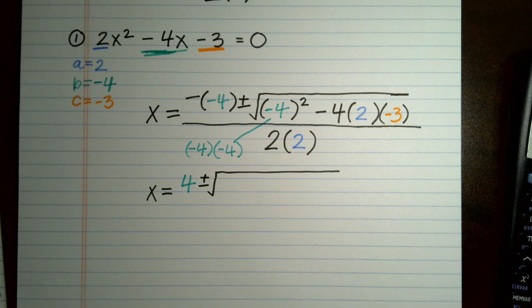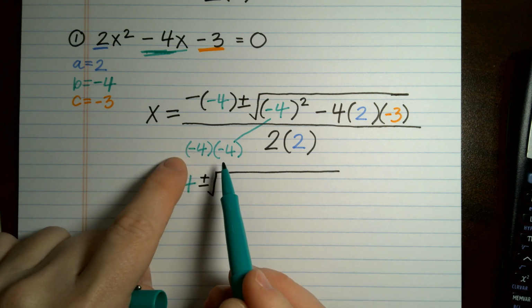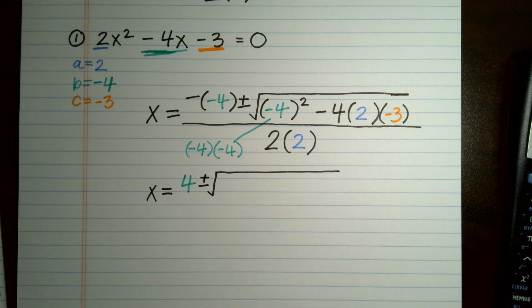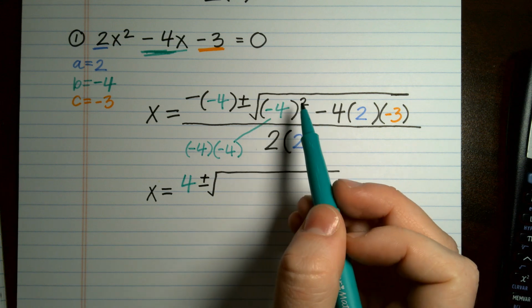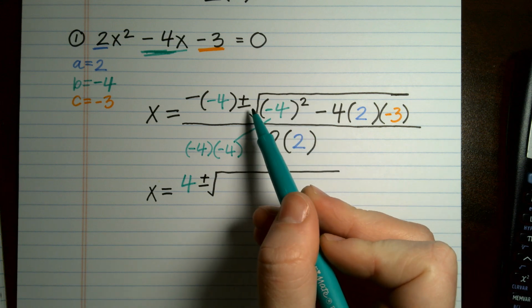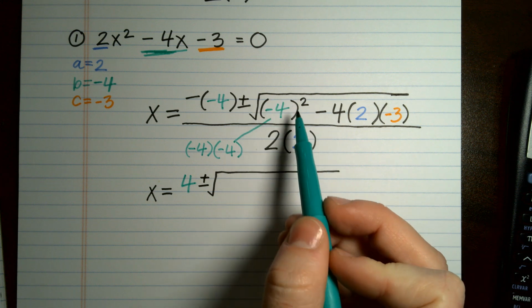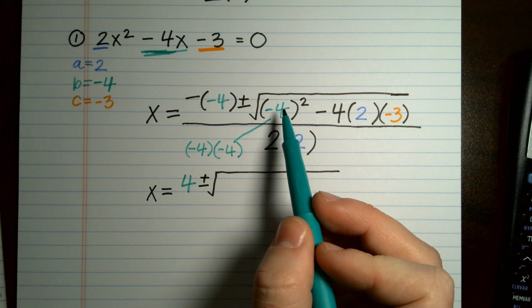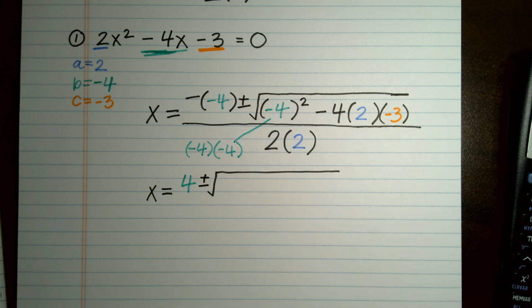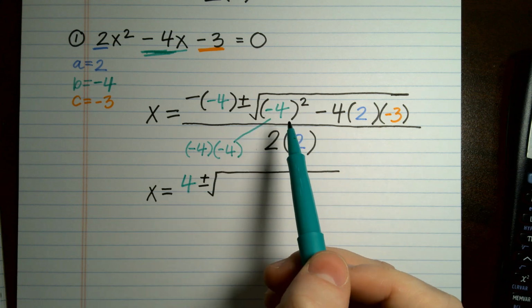What is -4 times -4? 16. What's a negative times a negative? A positive. Any number squared is going to be positive unless the negative is outside the parentheses. So because the -4 is inside the parentheses, this is going to be +16.